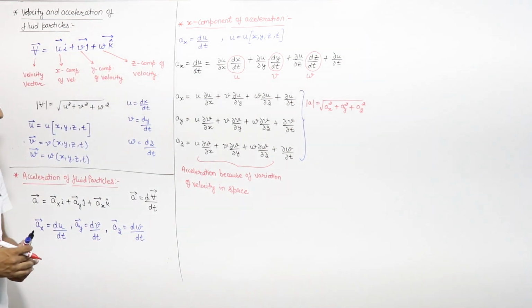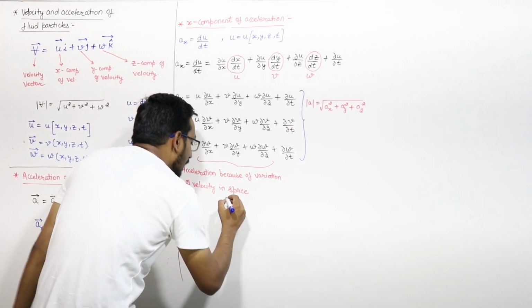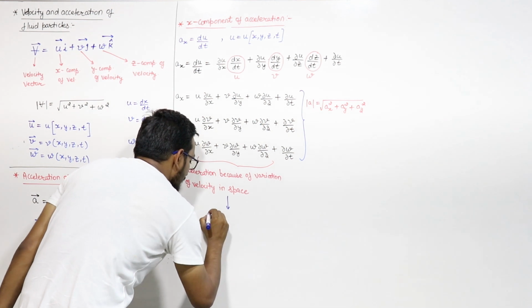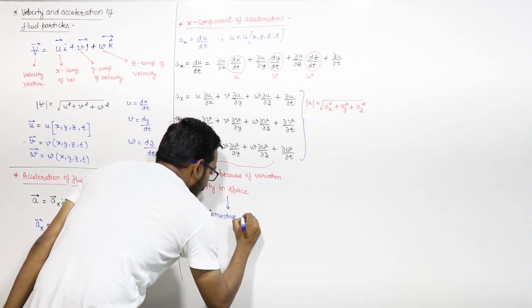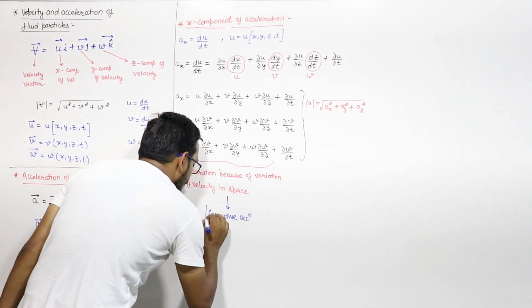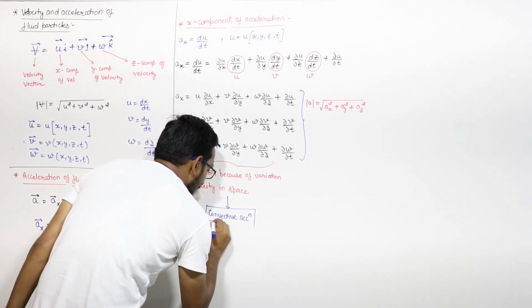If in space the velocities are varying, this is the acceleration, and this is known as convective acceleration.